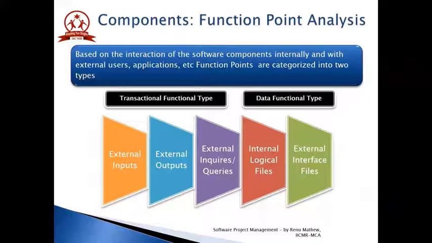The transactional functional type, which represents the data in motion, are the external inputs, the external outputs, the external inquiries or queries. The second type, that is data functional type, represents the data at rest. It involves logical files and external interface files.